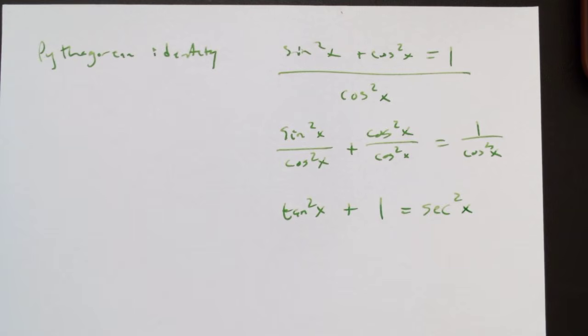Hey, wait a minute, look at the derivatives. What's the derivative of secant? You have a formula sheet. No, that's what secant is equal to. What's the derivative of secant?